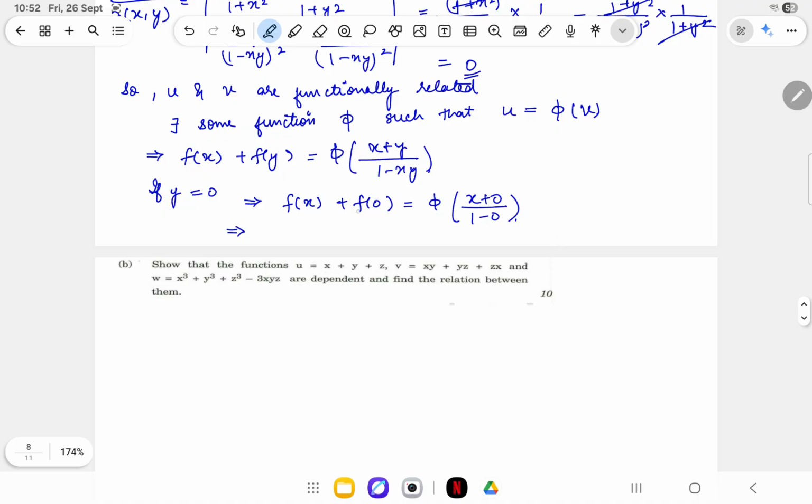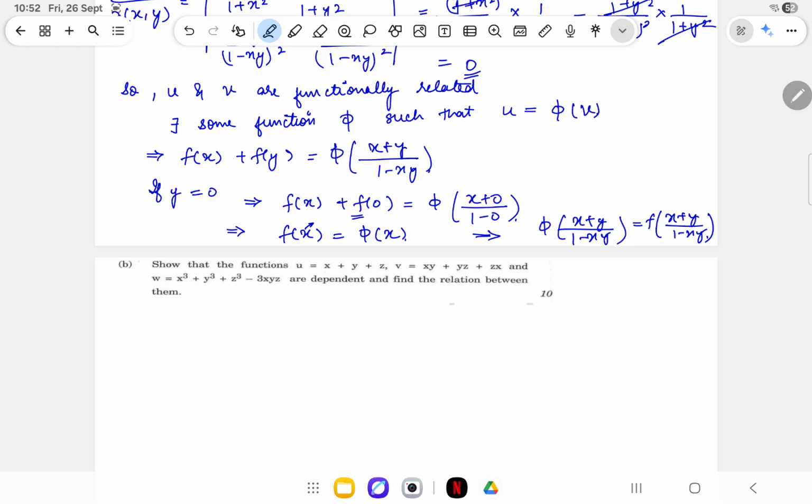Since this term is 0, it will be f of x equals to phi of x. So from here I can say that phi of (x plus y) divided by (1 minus xy) will be equal to f of (x plus y) divided by (1 minus xy), because here x is a variable and I can put any variable here. So I'm just substituting value of v here.